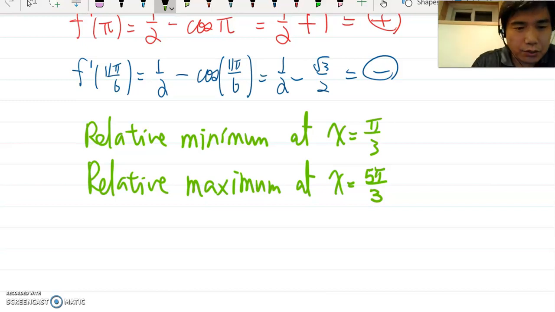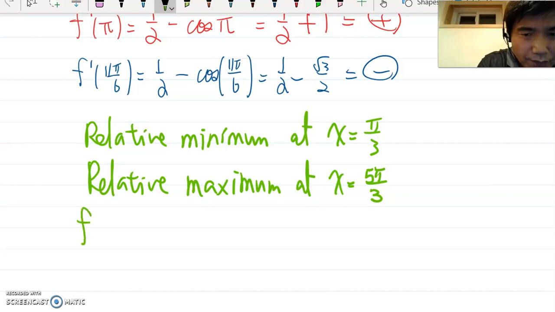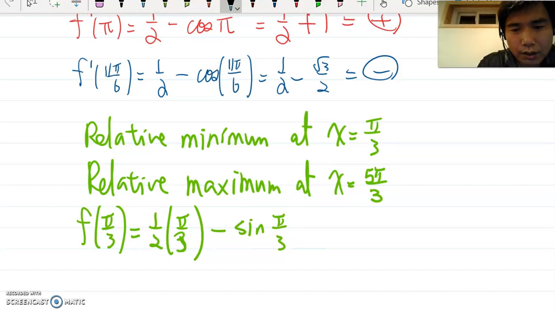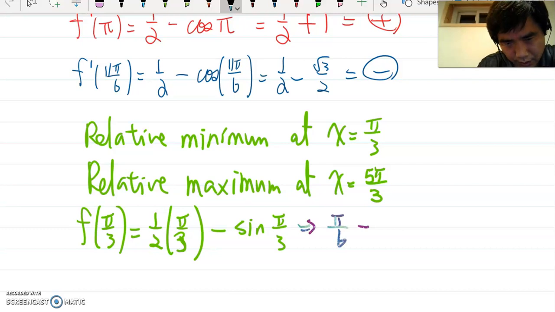So f of pi over 3 means 1 over 2 times pi over 3 minus sine pi over 3. Therefore it becomes pi over 6 minus, and sine pi over 3 is root 3 over 2.